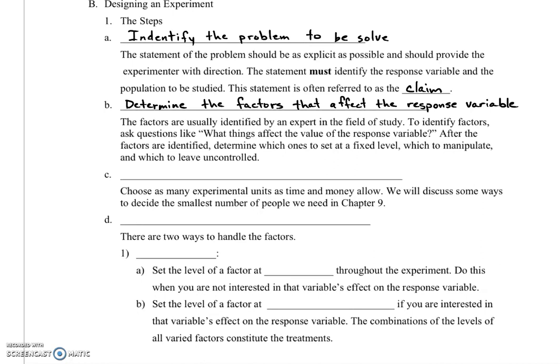So the next step then, after we figured out all the factors, is determine how many experimental units we need. And remember, experimental units are subjects when we're talking about people.